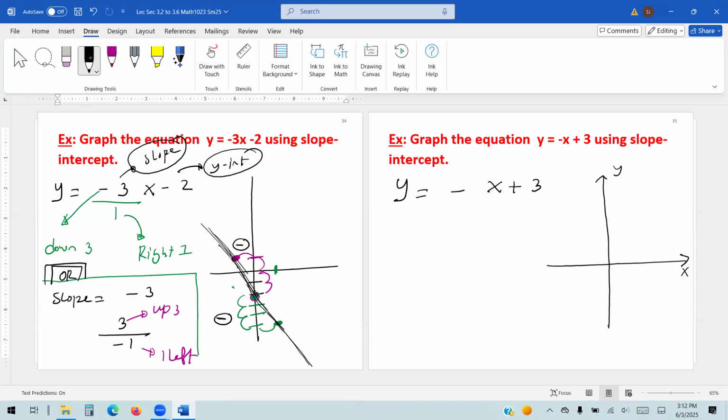So, 0 plus 1. What is the slope? Negative on the top is down.